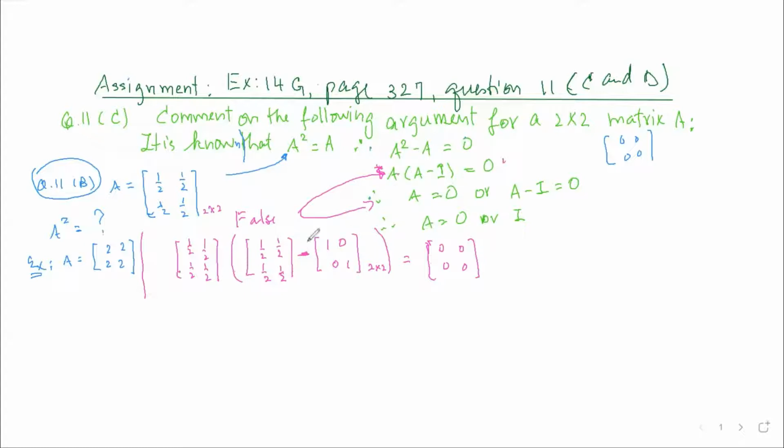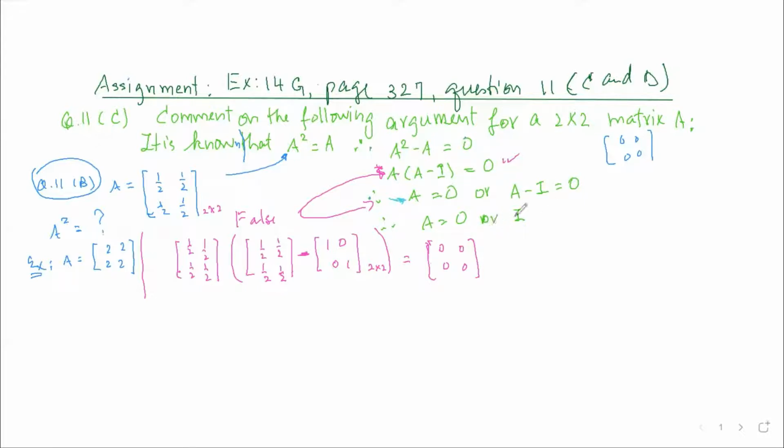I think I tried already that they're equal to the zero matrix, but you see from this step down to this line, it's very obvious: matrix A equals the zero matrix, which is impossible, correct? Because each element of A is 1 over 2, but the zero matrix is 0, 0, 0, 0.